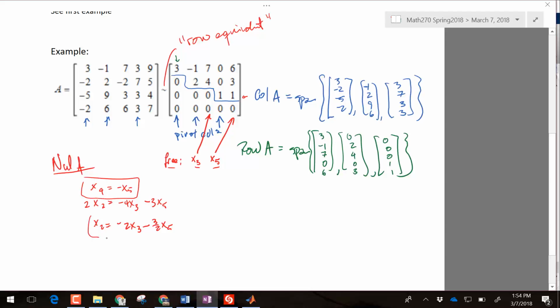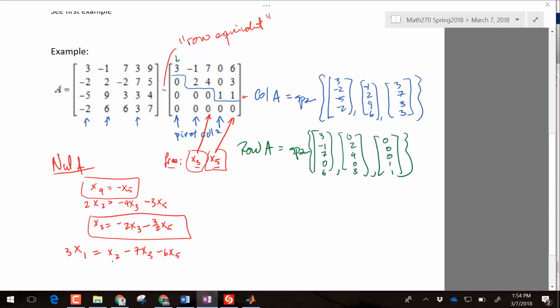Let me box these so I don't lose them. And now let's go to x1. So 3x1 is equal to, we bring the x2 over, we bring the 7x3 over, and then we bring the 6x5 over.